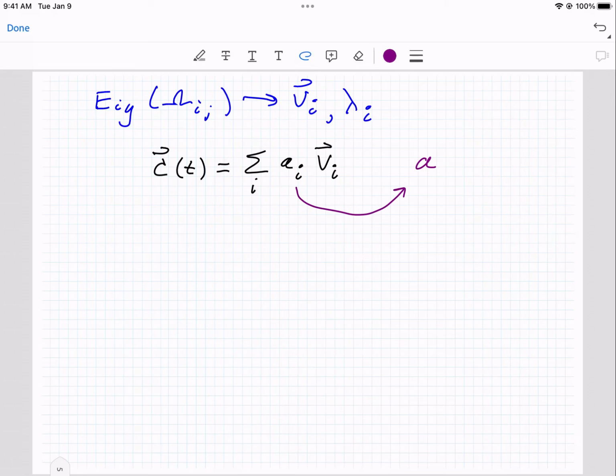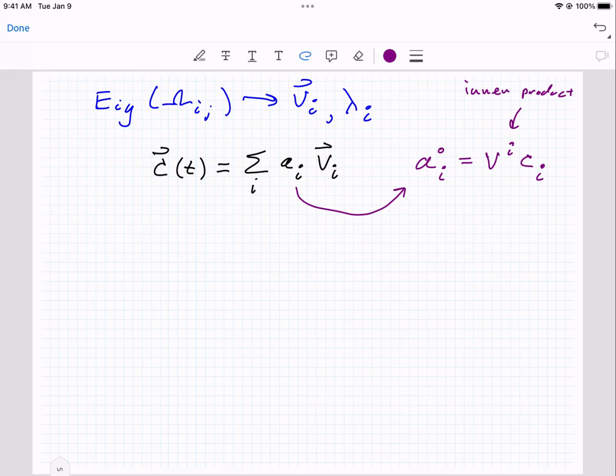Assuming that we have a net total concentration, the A sub i for the initial condition is just the inner product of V_i, and I'll write it like that so that we recognize that that's the inner product, using Einstein notation. Okay, and so then we can assume some initial concentration distribution across the network.